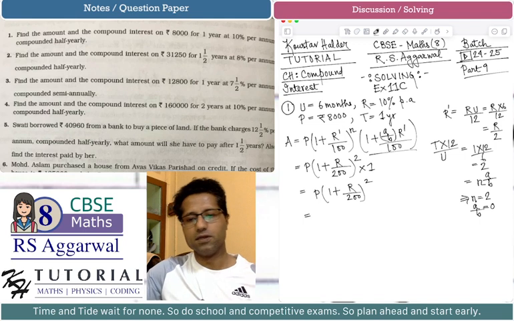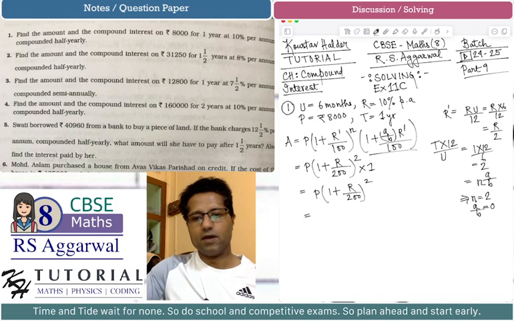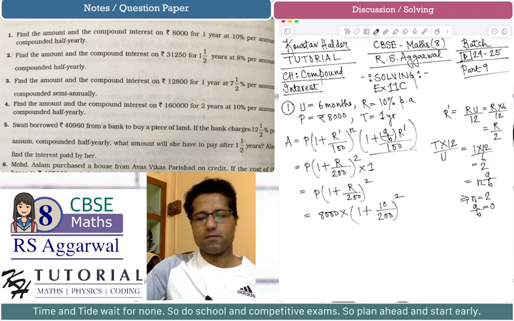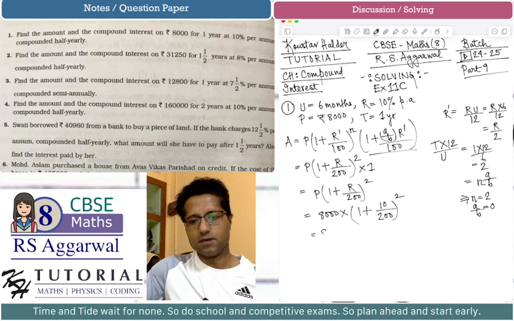Now if we substitute the value of the principal, that is 8000 multiplied by 1 plus r is 10, so 10 by 200 to the power square. So this is 8000 multiplied by 1 plus 1 by 20 square.